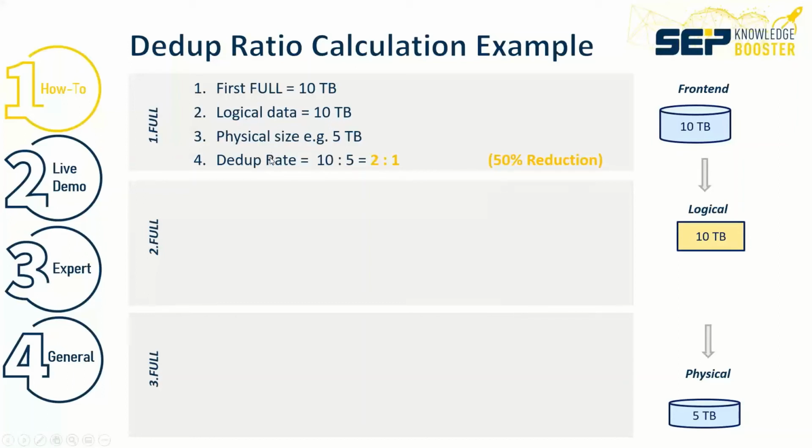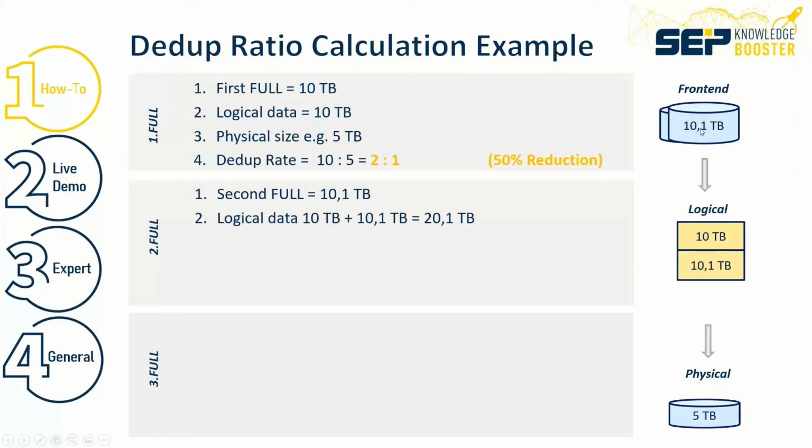Now you do the second full, maybe the next day or the next weekend. And the second full is now 10.1 terabyte. Now there are an additional 10.1 terabyte of logical data, because you back up these 10.1 terabyte. This would require 20.1 terabyte of physical storage if you would not use deduplication. Now the new blocks for the dedup store are the 100 gig, which are here more than the 10 terabyte.